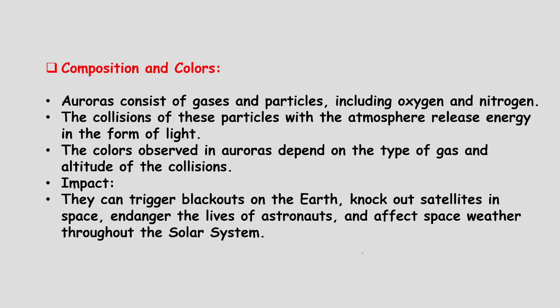Now, composition of color. Auroras consist of gases and particles, including oxygen and nitrogen. The collisions of these particles with the atmosphere release energy in the form of light, and the color observed in auroras depends on the gas and altitude of the collision and its impact.